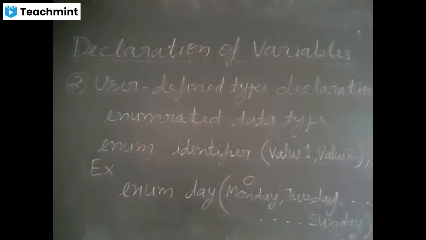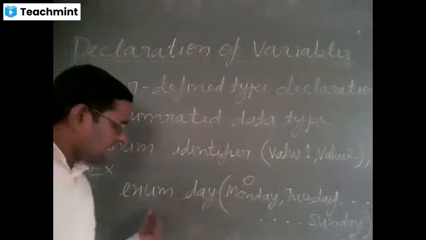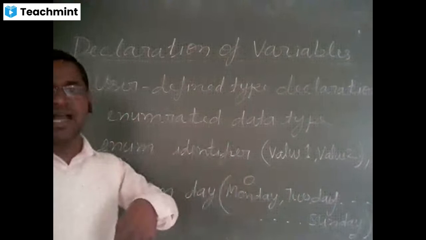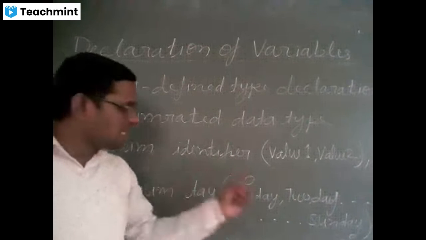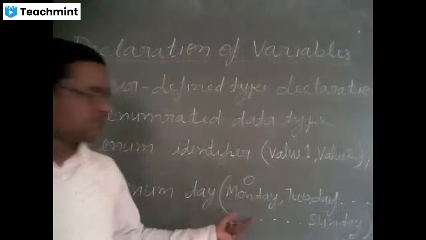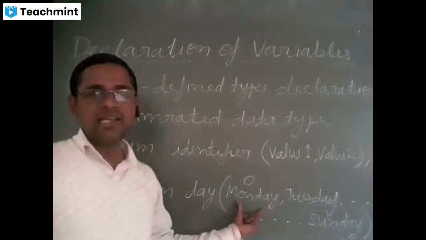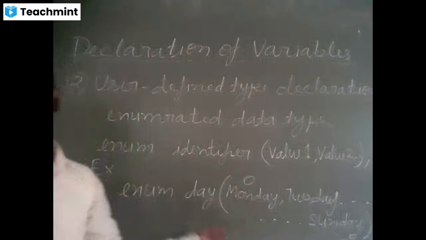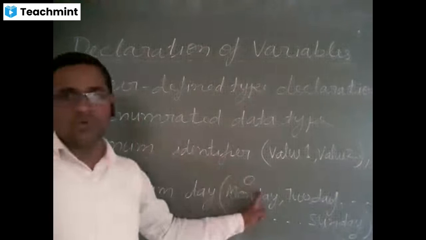In this way, we can use the enumerated data type within the program. Means the enumerated data type enumerates the character with an integer, because we write the character Monday here, but that will be enumerated by 0.